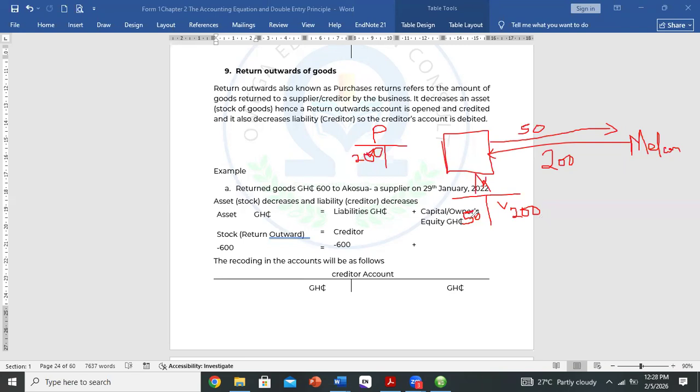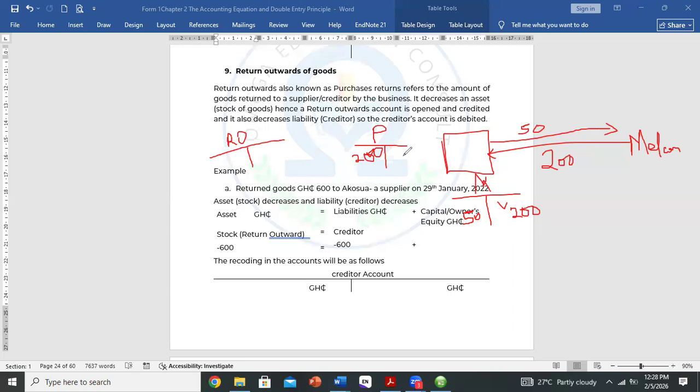50. Now it means that this will also affect the stock, because I had stock of 200 and I've returned 50. So the stock should also what? Reduce. But here it is, you don't put it in the purchases account. So you open a return outwards account. If we were putting it in purchases, we would have credited purchases 50, but we don't do that.